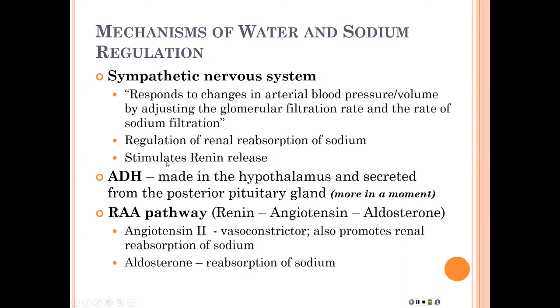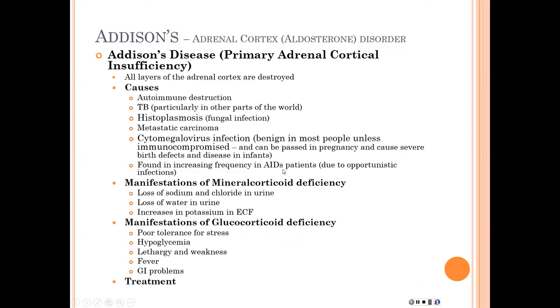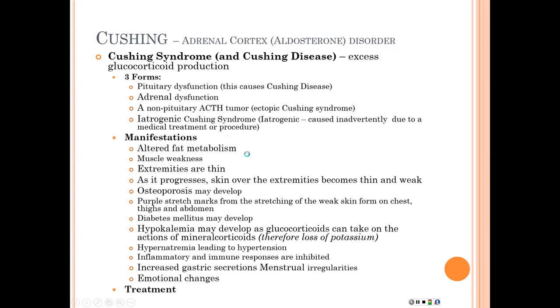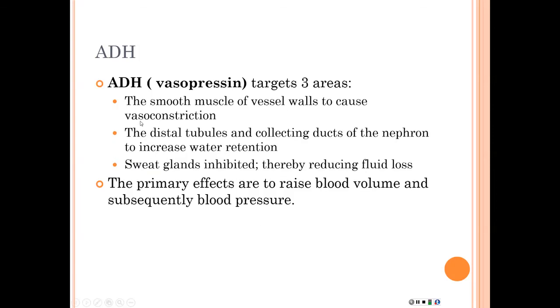And then ADH, antidiuretic hormone, is made in the hypothalamus and secreted from the posterior pituitary gland. ADH is all about retention of water. It targets the kidneys to keep water. There are a couple of diseases that are related to abnormal aldosterone levels. It's Addison's and Cushing's. And then there are two diseases or conditions that are related to abnormal ADH, also sometimes called vasopressin.